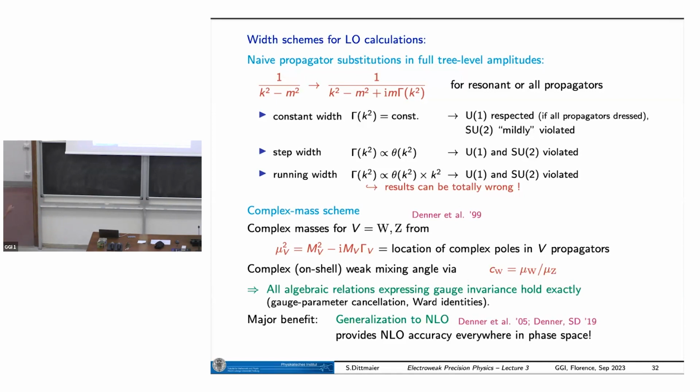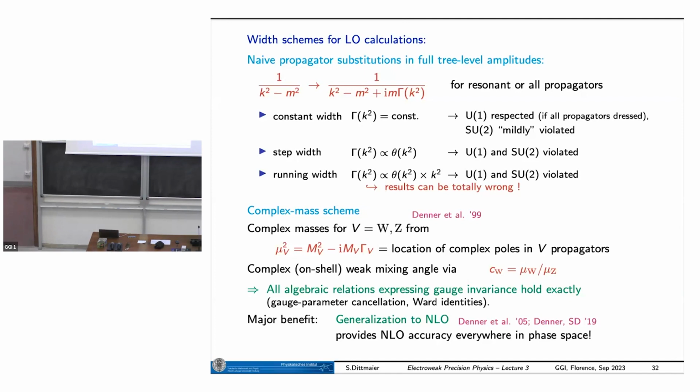So in order to improve on things like this, it's more than 20 years ago that we came up with this proposal. One can in principle proceed almost like in a constant width approach, by making use of the idea of taking complex masses everywhere.